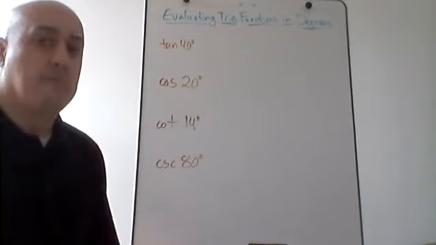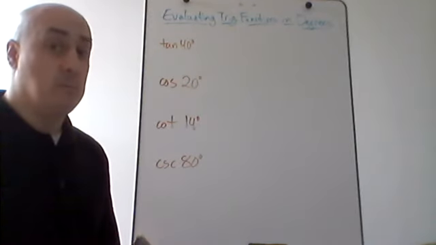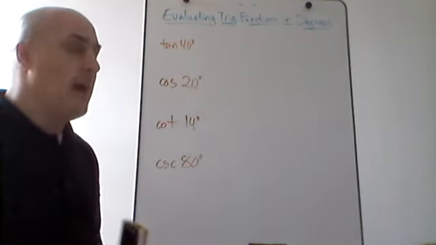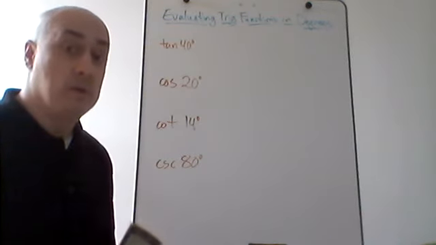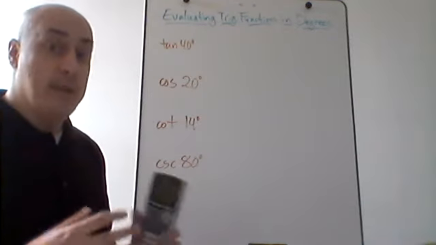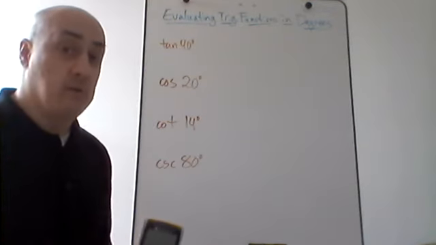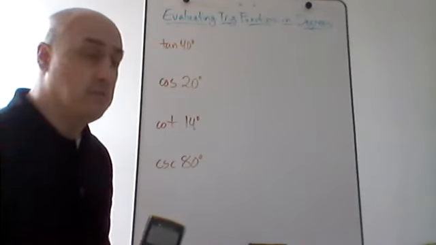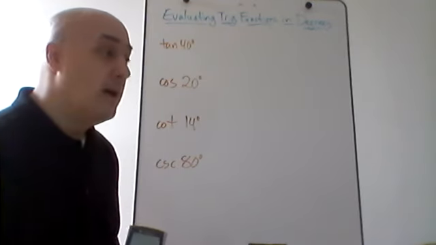So from this point forward in trigonometry, some problems are going to be with degrees, some problems are going to be in radians, so you have to be paying attention to those details and make sure your calculator is in the proper mode. Any scientific or graphing calculator will have a radian mode and a degree mode. If you have a different type of calculator, it's probably going to be a different way to change the mode, but there's some way to do it, so figure out how that is.